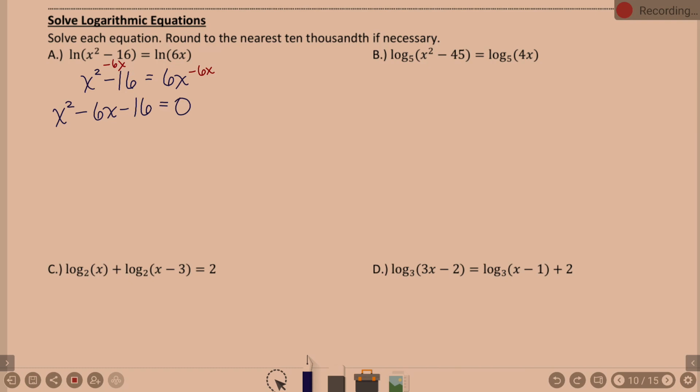It's just the 1x squared, so it's the easy version, which means we're going to break it into 2 parentheses. x squared breaks into x and x. I need numbers that multiply to be negative 16 and add to be negative 6. Negative 8, positive 2?